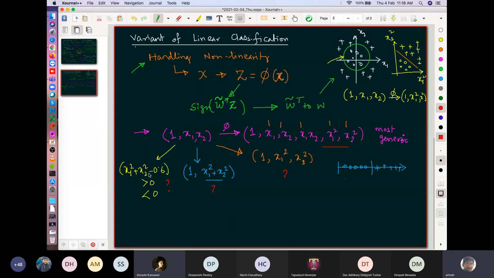The last one is if you have only one attribute, which is this. If a new point comes, you will just say if it is greater than 0, you class it as plus. If it is less than 0, you class it as 0. We can do that now in one attribute. Check this attribute. If the circle line itself is like this, you can do it in one attribute.